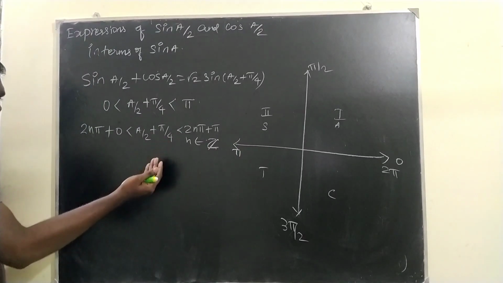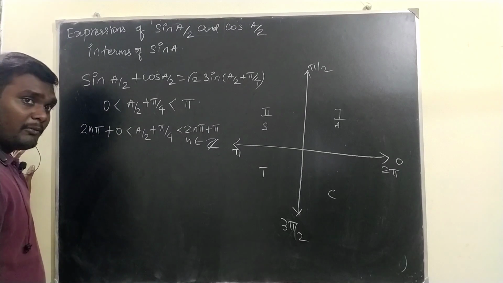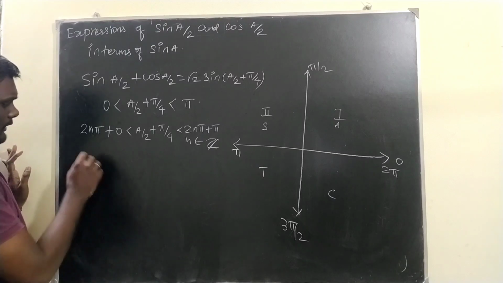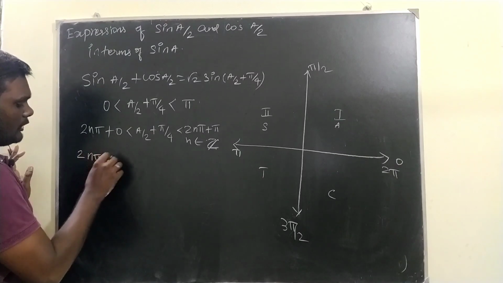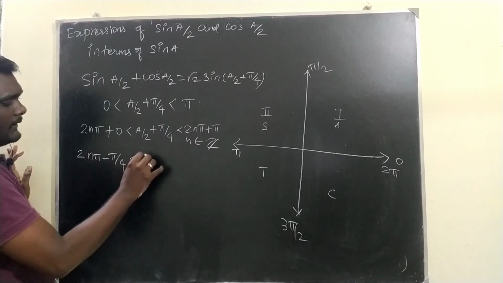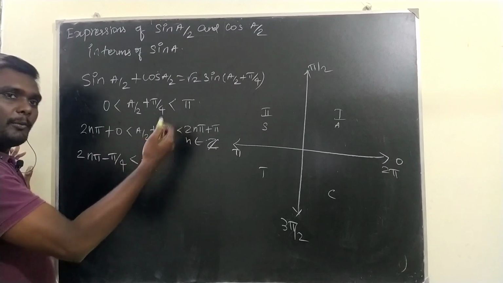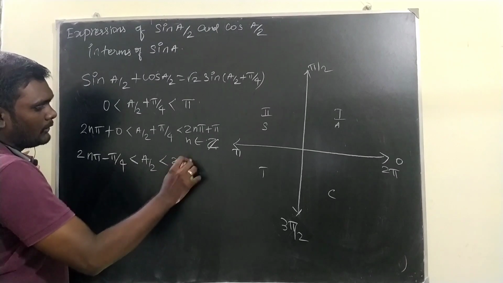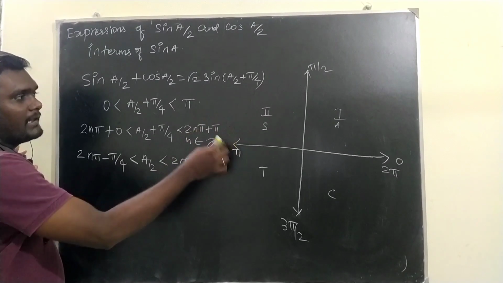This pi by 4 has to be removed. How does this pi by 4 have to be removed? Subtracting pi by 4 on both sides. Then we will have 2n pi minus pi by 4 less than A by 2. Pi by 4 minus pi by 4 gets cancelled. Only A by 2 will be there. 2n pi plus pi minus pi by 4.